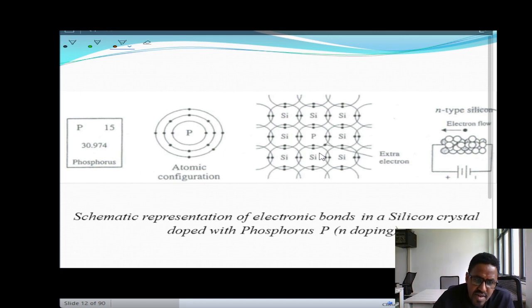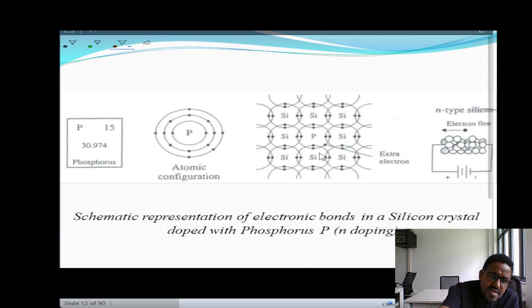The 4 valence electrons of the silicon can attach with 4 electrons of phosphorus. Phosphorus has 5 valence electrons, so one excess electron cannot attach with the silicon because the silicon has 4 valence electrons. So that space we can treat as a free electron or extra electron. So this extra electron we can call a donor.